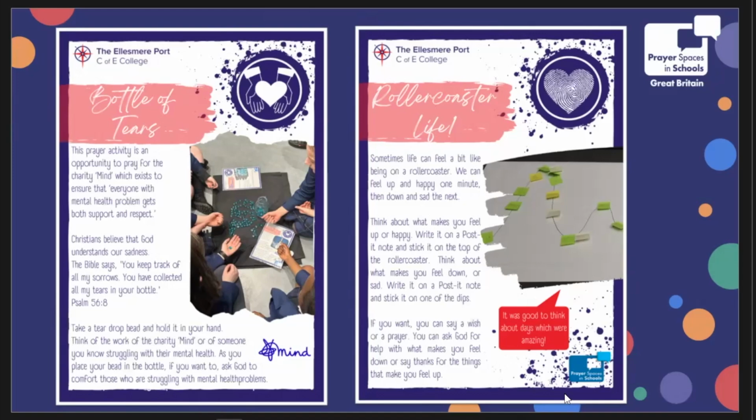So the children looked at the Bible verse from Psalm 56 that says, you keep track of all my sorrows, you have collected all my tears in your bottle. So the idea that God knows when we're hurting, God knows when we're upset, and he cares for us. And so pupils were able to think about that and then either use that to pray for themselves or to pray for others and the charity that we were thinking about.